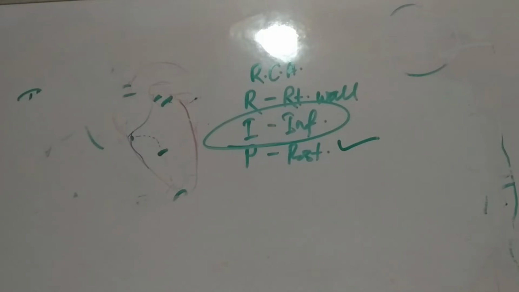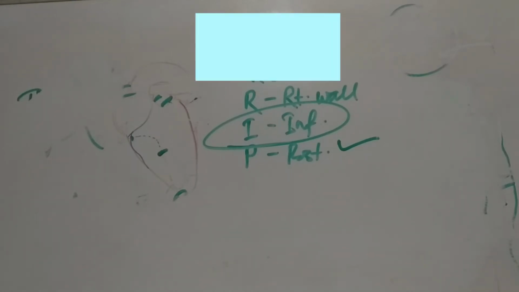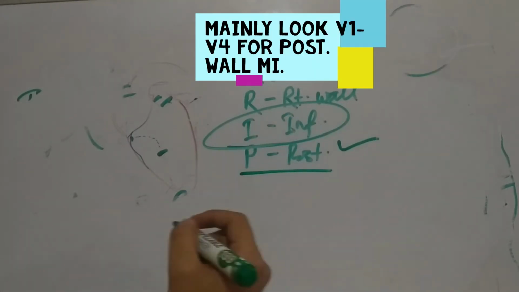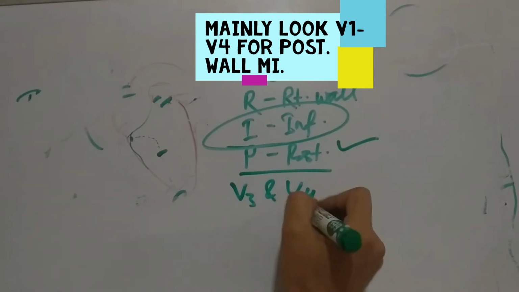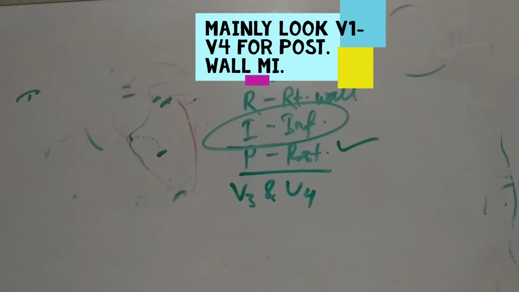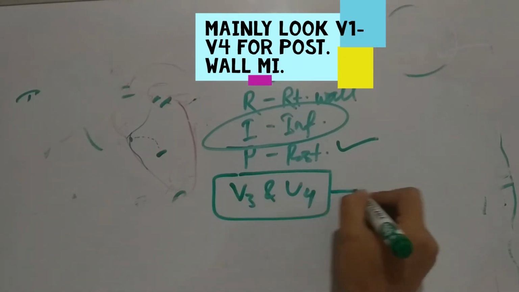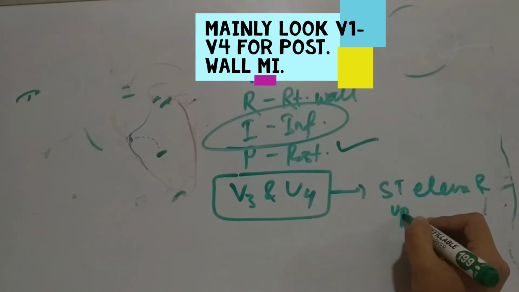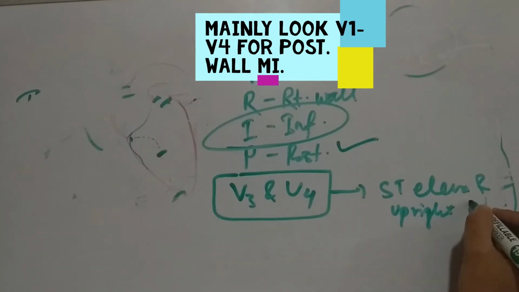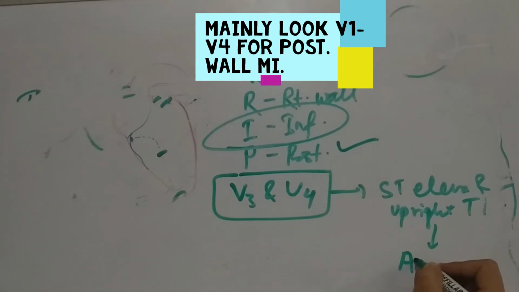So I will make it clear. If you find some defect in leads V3 and V4, and there is ST segment elevation and upright T wave, then it can be an anterior wall MI.